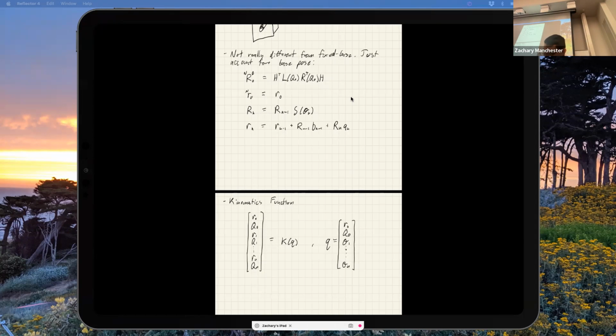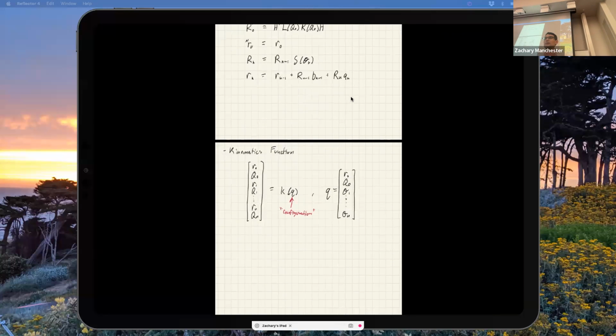Cool. And this is configuration, lowercase k, right? Sure that's clear. Okay, all good. Same stuff as last time. Don't screw up.